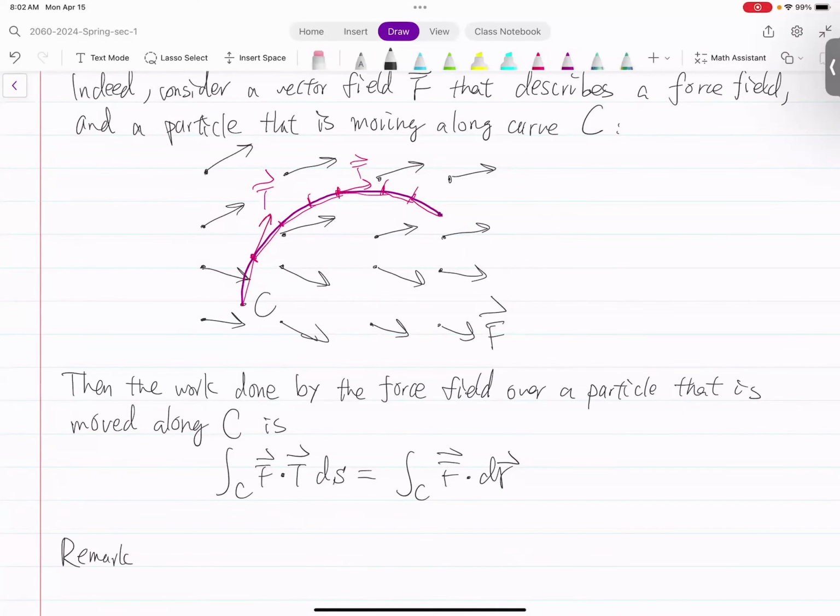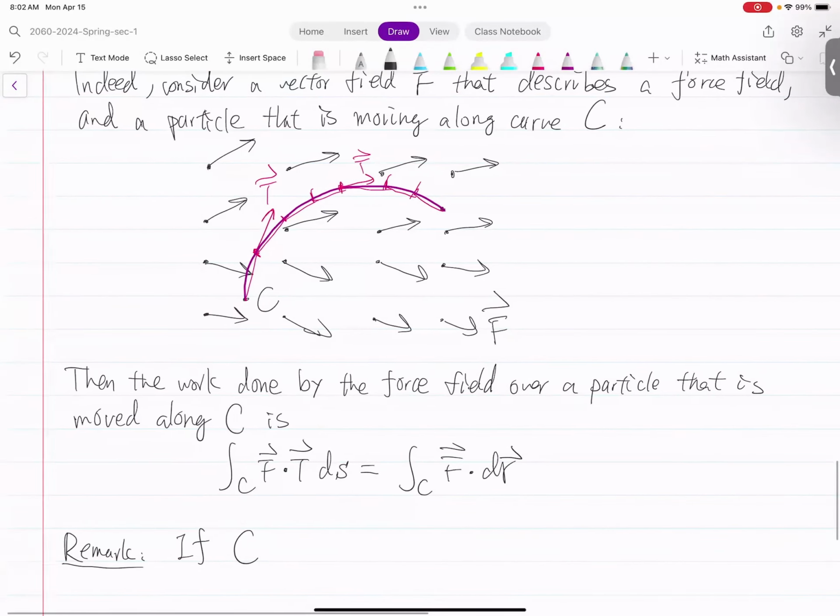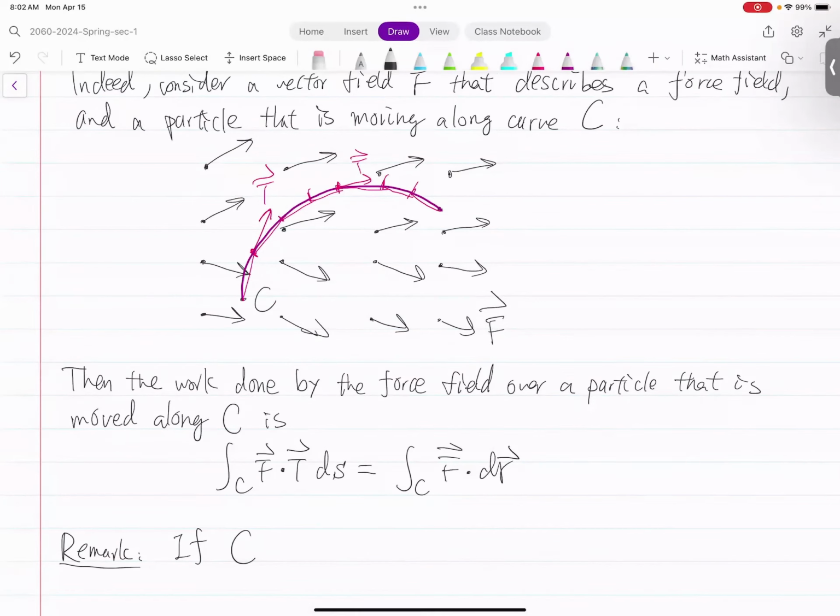What is the remark? So here, we have a differentiable curve C, right? But then if you have a curve C that is piecewise smooth, then we just add up the integral along each smooth piece, right?